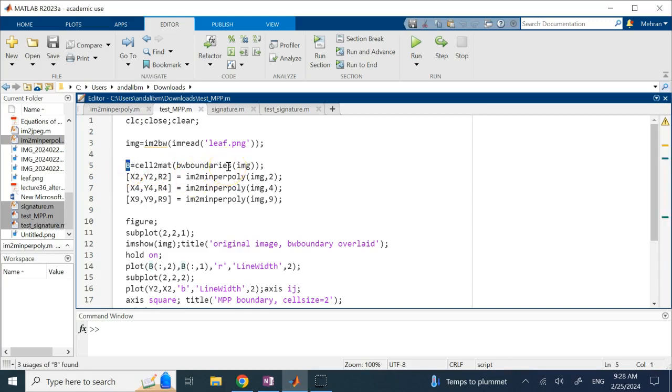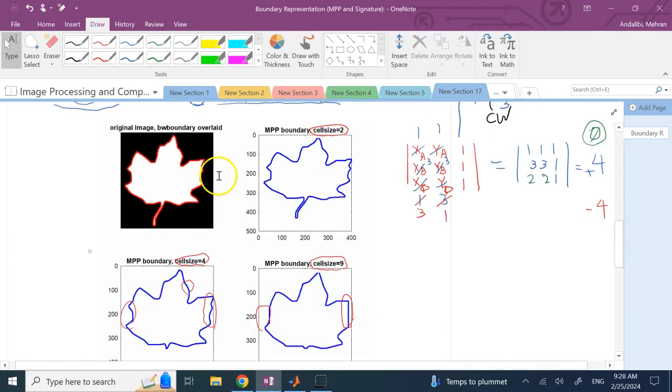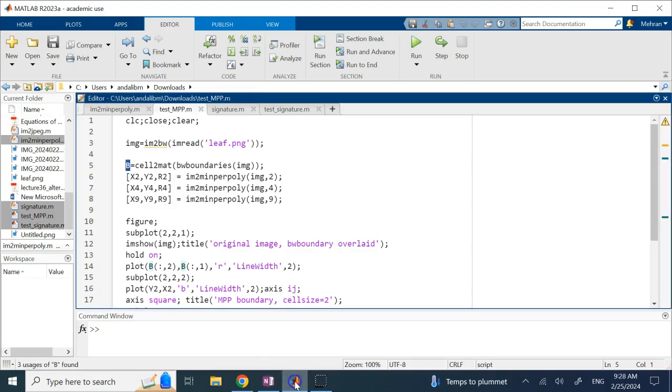And now what I do is, one time I pass that image, and you might say, why do you need B? B is used to draw this red curve for you. Okay, so B is not the result that I have in this 3, right? B is that red curve overlaid over the image.